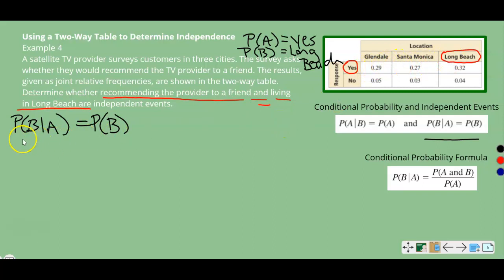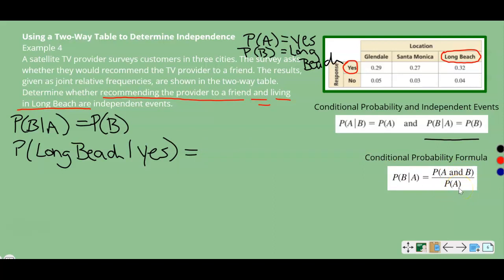All right, so we're going to do the probability of B given A. That means for this problem, the probability of B is Long Beach, given we recommended them, which means the response is a yes. If you remember, in order to do this, we have to do the yeses and Long Beach over all the yes responses.